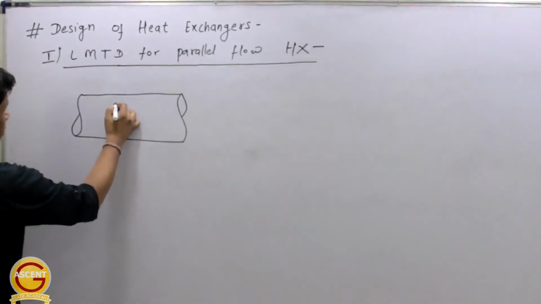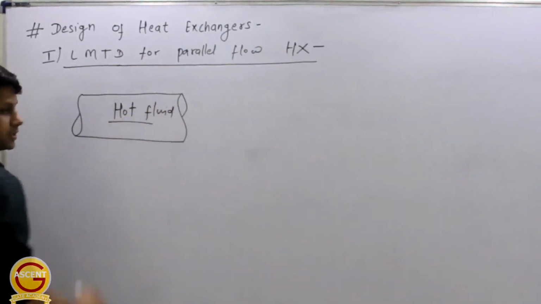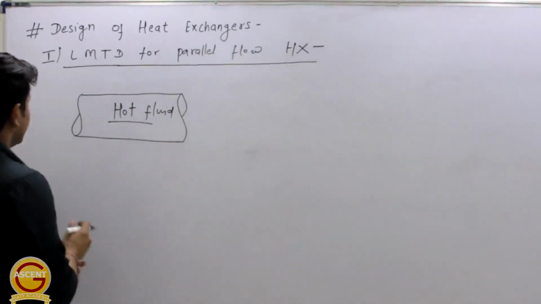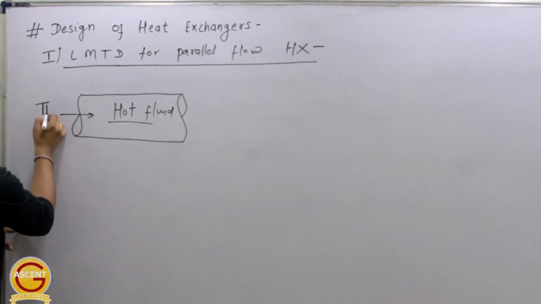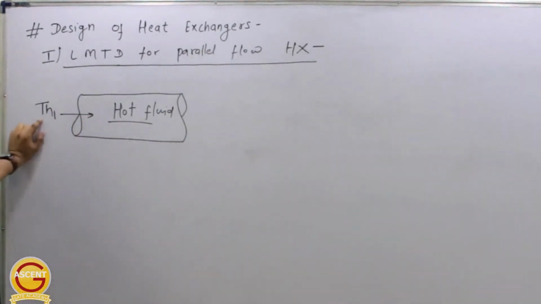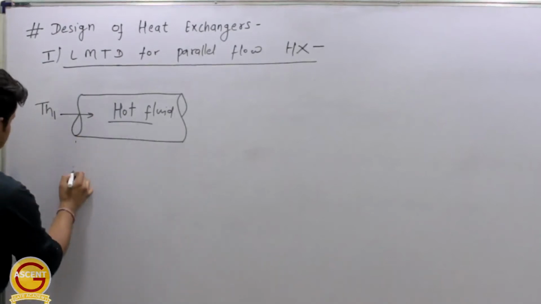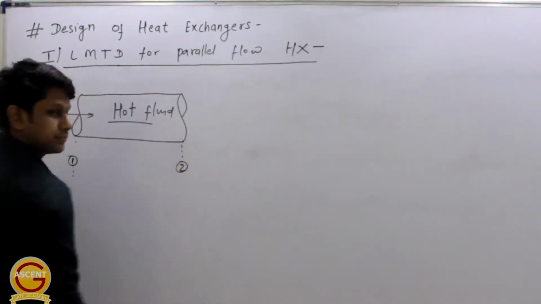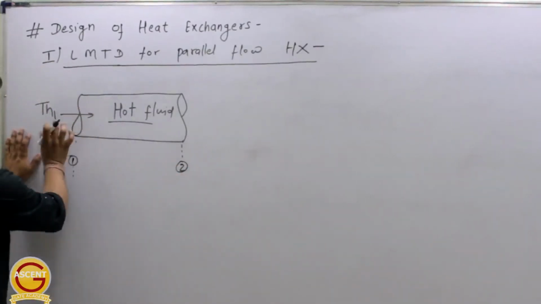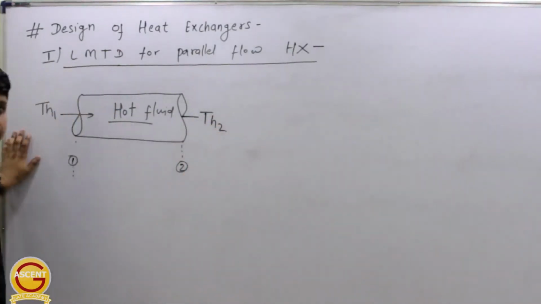Let's say that hot fluid enters at a temperature of TH1. This T is the temperature, H is the suffix for hot fluid, and 1 for entry. So let's say this location we are taking as 1 and exit we are taking suffix as 2, right? So what will be the exit temperature of this hot fluid? It will be TH2, correct?